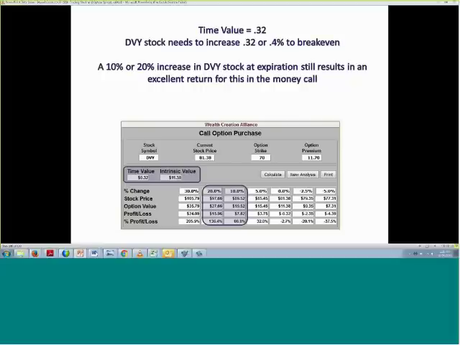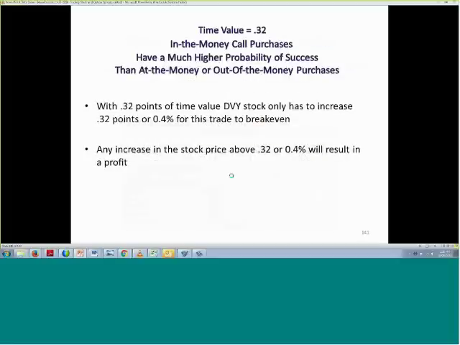If it goes up 20%, we get a 136% return. So even though we're buying more expensive in-the-money calls, the stock doesn't have to go up that much and you'll realize a good return. So in this case, DVY only had to go up 32 cents or 0.4%, and this trade would break even and start making money.